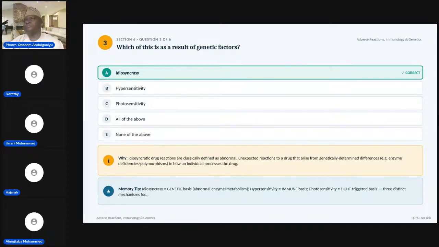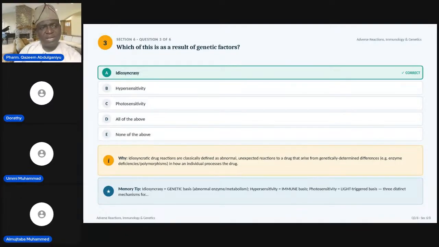That's idiosyncrasy. All of us take paracetamol and it doesn't cause GIT irritation. But when you take paracetamol, you feel as if you have taken diclofenac. We're not expecting that, so that's more like it.